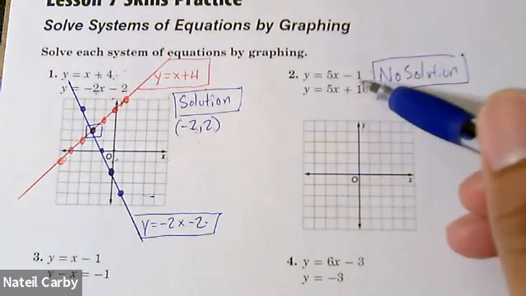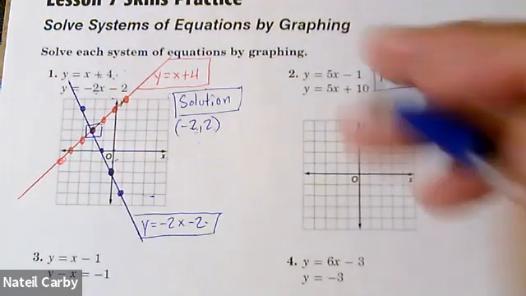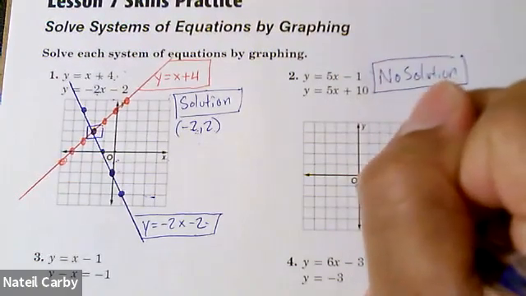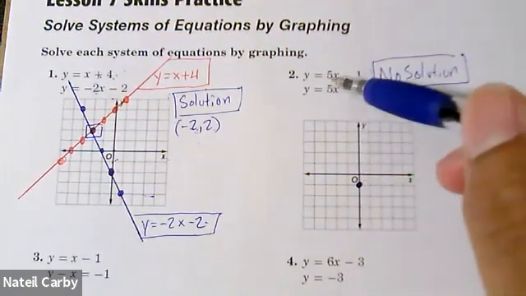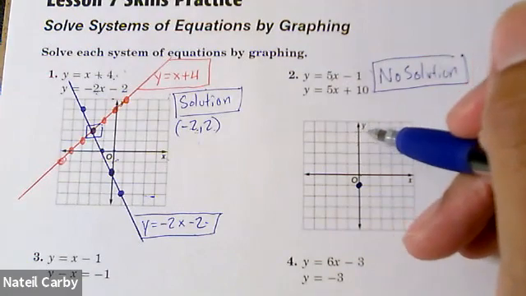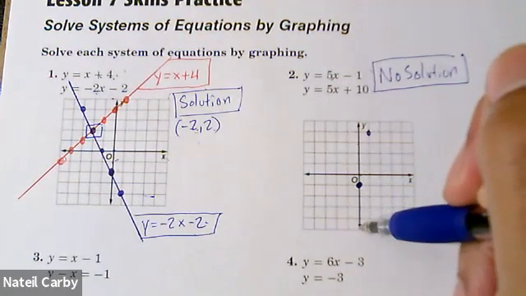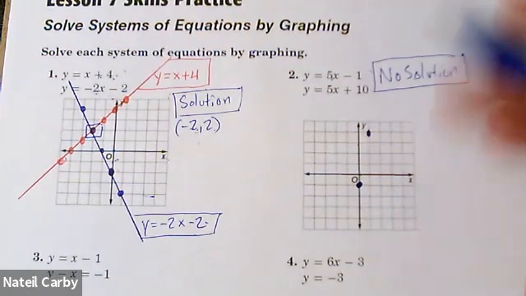Okay. First one, my y-intercept is -1. So -1. Slope is 5. So I go up 5, right 1. 1, 2, 3, 4, 5. 1, 2, 3, 4. I ran out of room there.